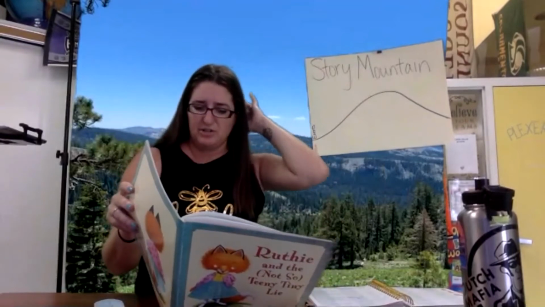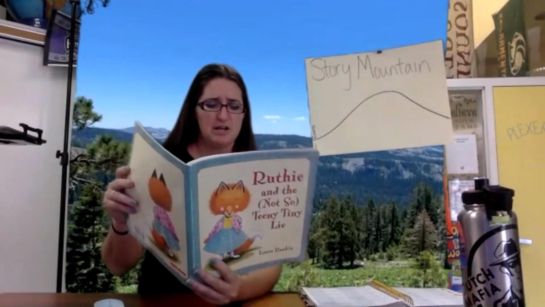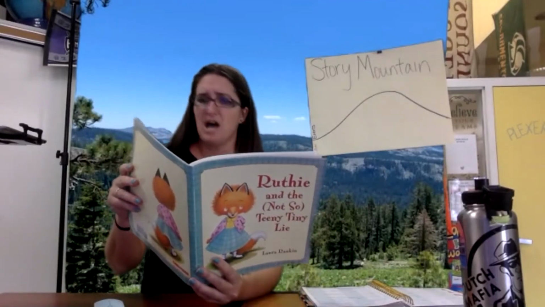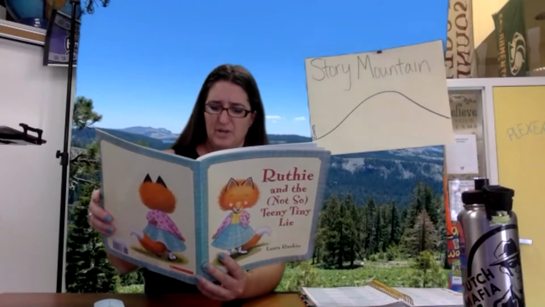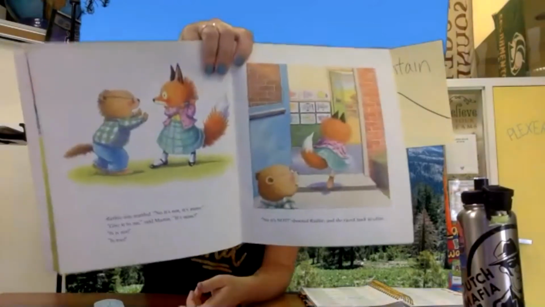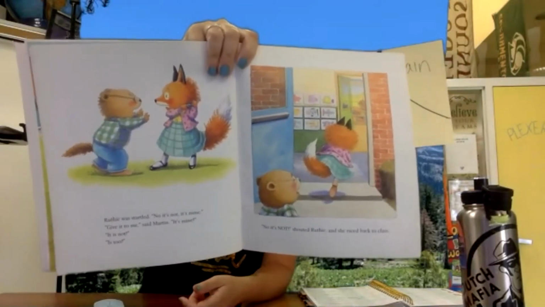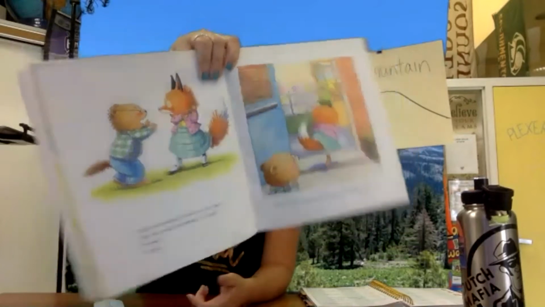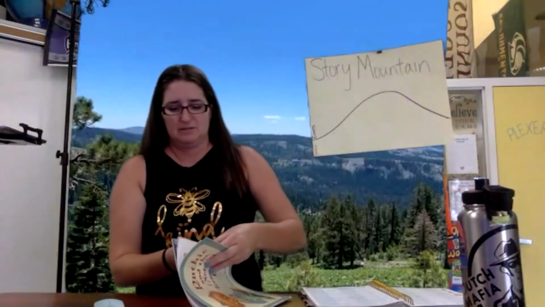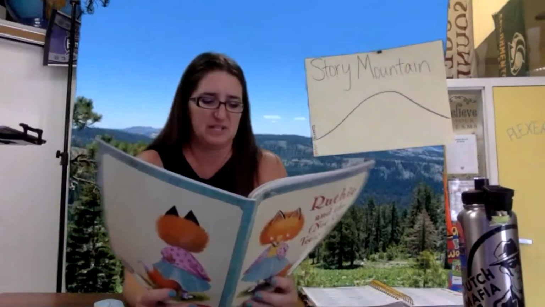Ruthie was startled. "No, it's not. It's mine." "Give it to me," said Martin. "It's mine." "It is not." "It's too." "No, it's not," shouted Ruthie, and she raced back to class. "What's going on?" asked Mrs. Olson.